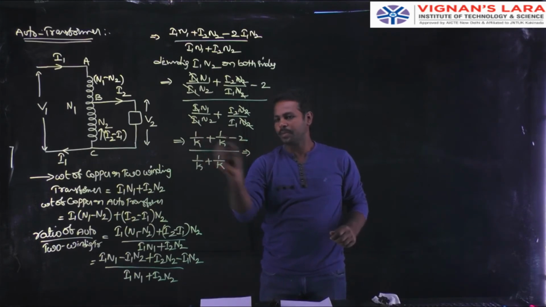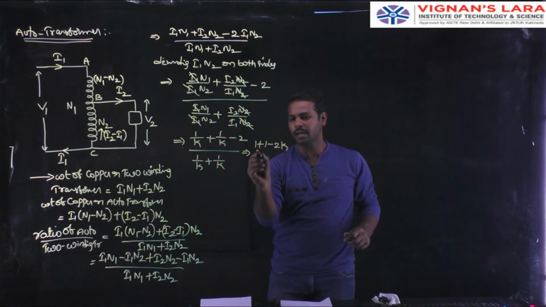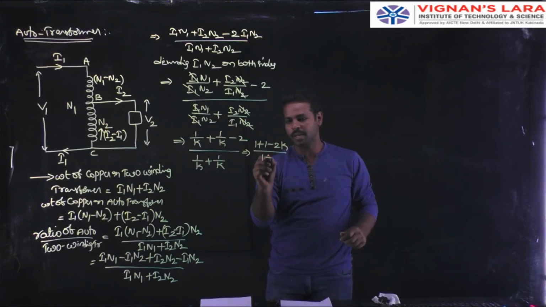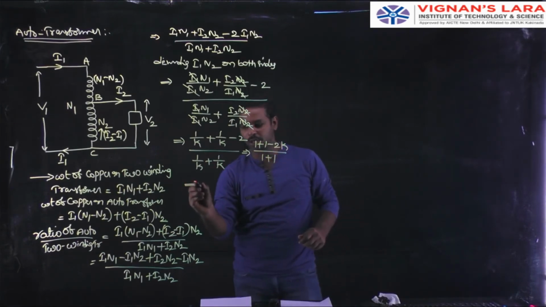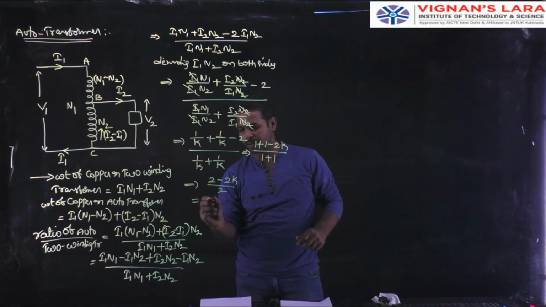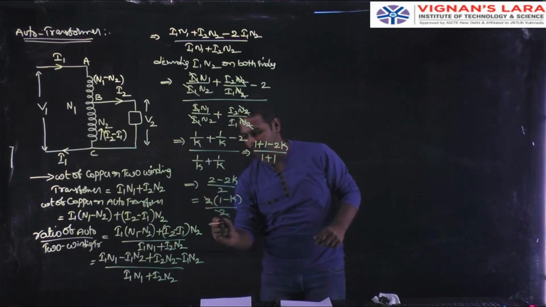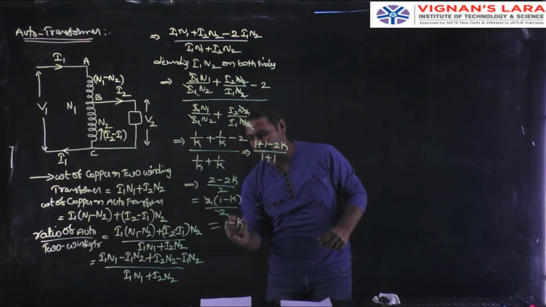So 1 plus 1 minus 2K divided by 1 plus 1 is equal to 2 minus 2K divided by 2. So 2 is common in the numerator, 1 minus K divided by 2. 2 gets cancelled. So finally 1 minus K.